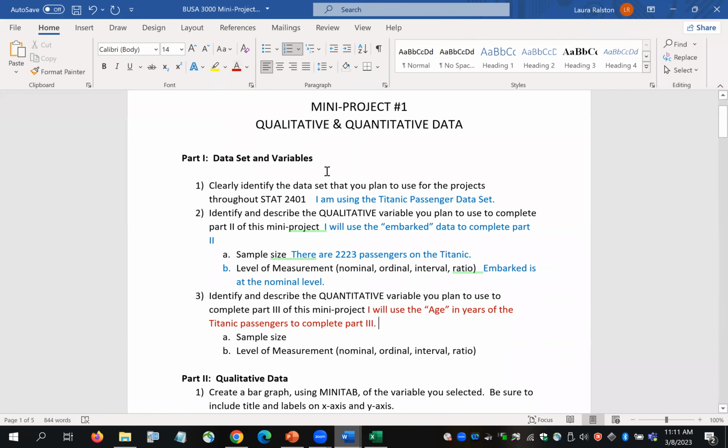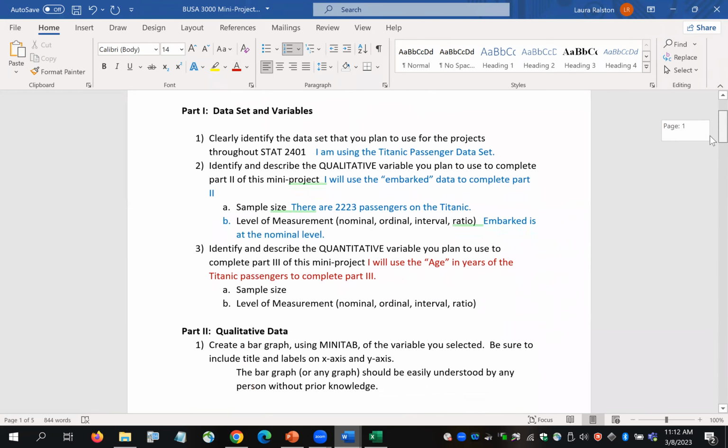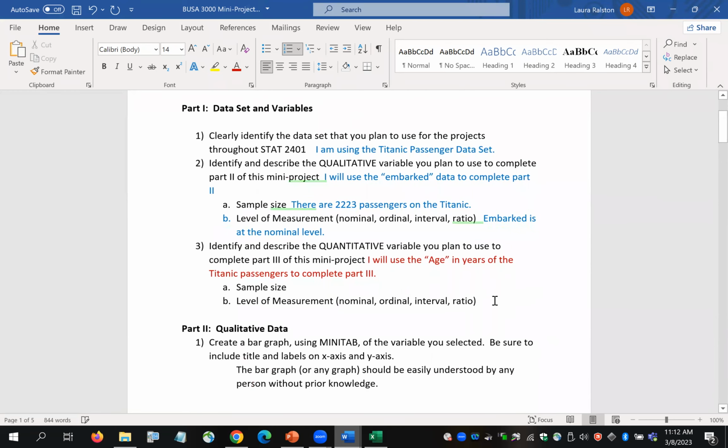And again, it wants to know the sample size, and I'm going to show you how to get that without having to guess here in just a minute. The level of measurement for the age is quantitative, so it's either got to be interval or ratio. It is actually ratio.